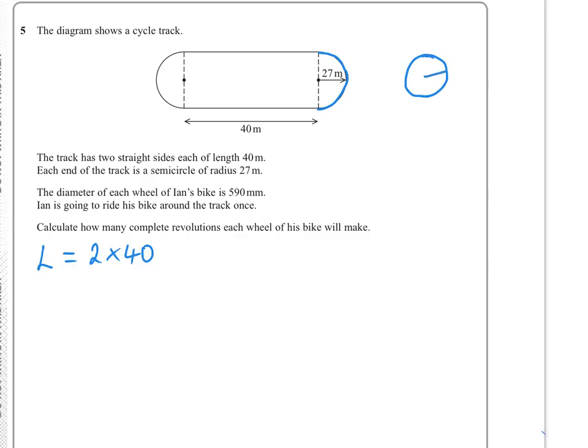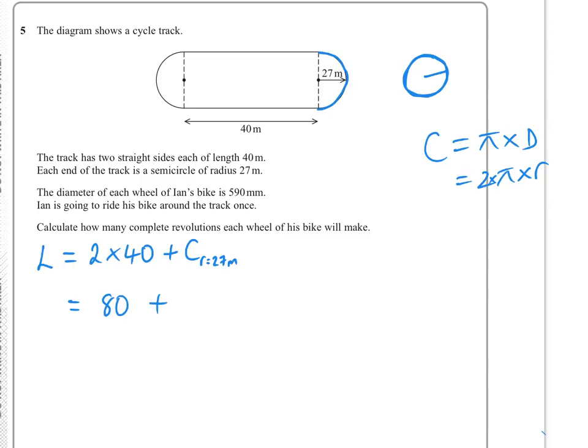So we can look at the circumference of a circle of radius 27 metres. So that would give us 80 plus the circumference of the circle, which is pi times the diameter, or 2 pi r, 2 times pi times r.